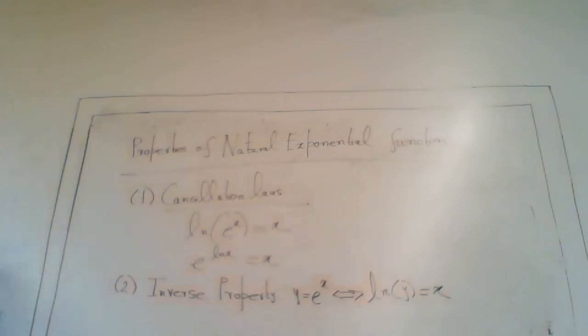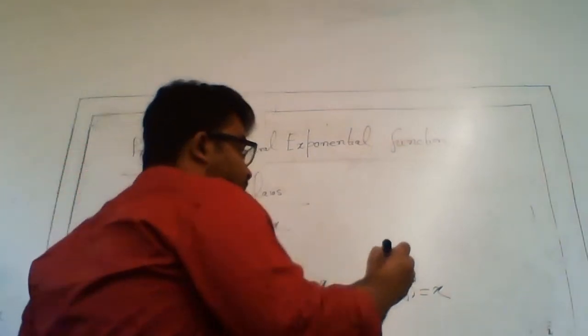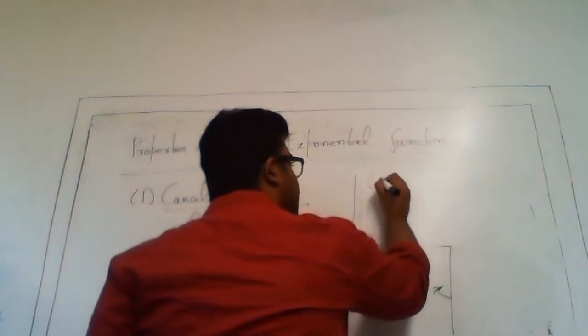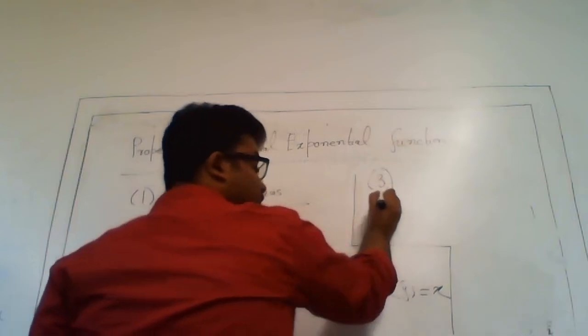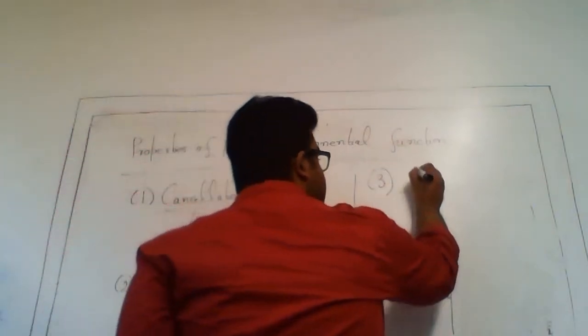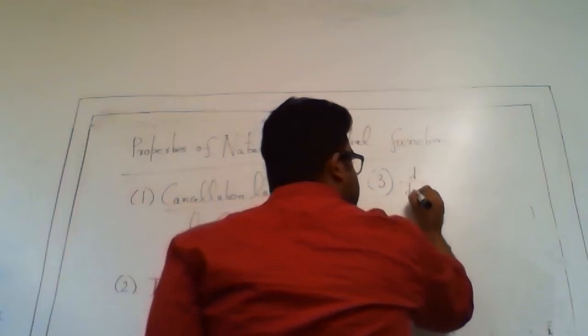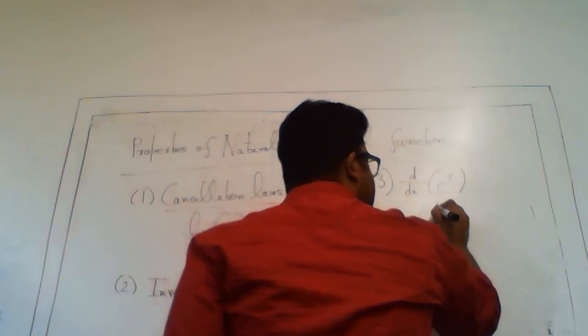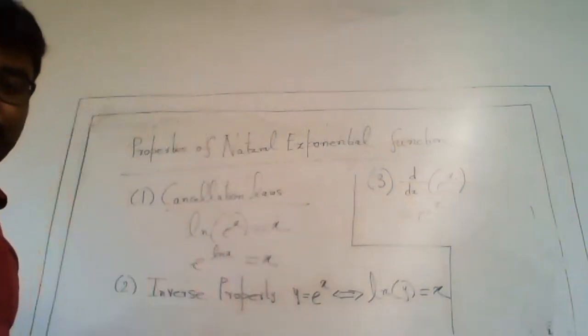The third property is the derivative. So d/dx of e to the power x is e to the power x. This is a very important property.